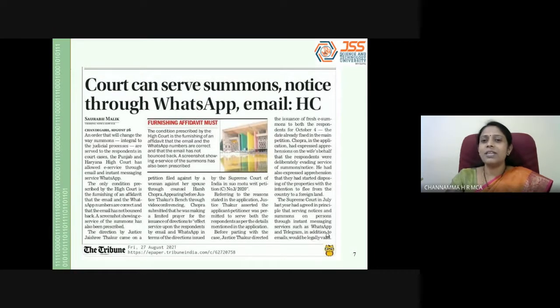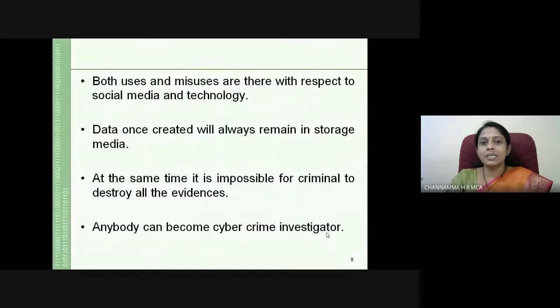So inevitably, we have to use these social media, irrespective of whether they are secure or not. Hence, even the government is depending on such media. Both users and misusers are there with respect to social media and technology. The same technology can be used for a good purpose as well as a bad purpose.